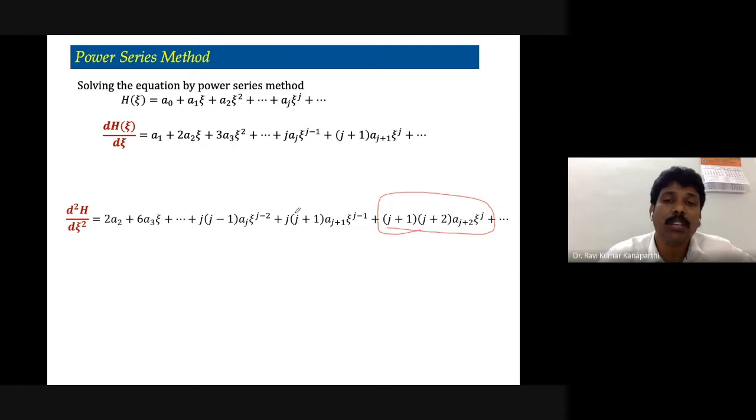This is the second term, and 6 is nothing but 3 multiplied by 2. Therefore, from this notation, you can write j plus 1 multiplied by j plus 2, aj plus 2, z to the power j. That is the general term.